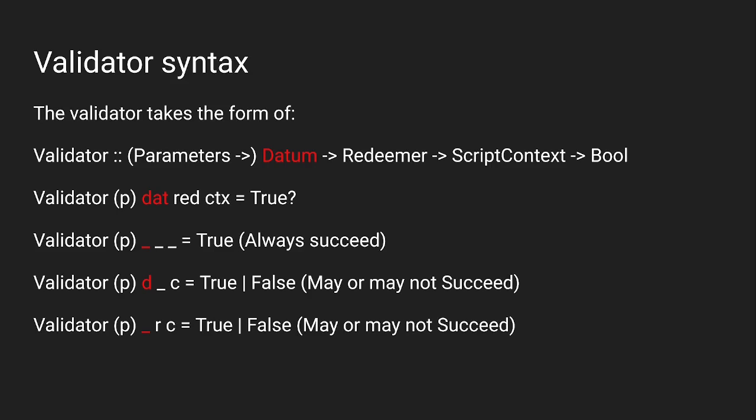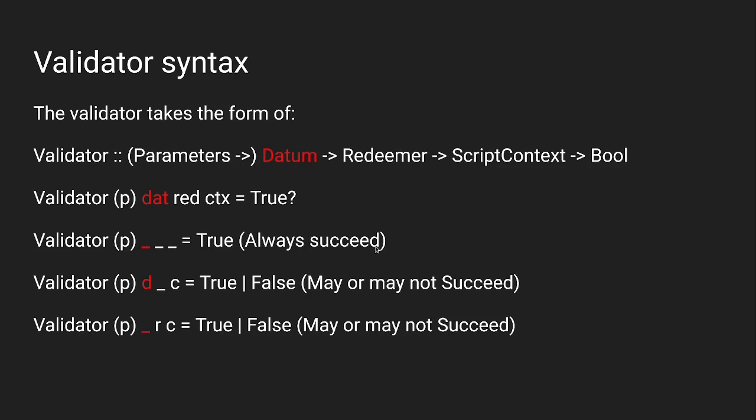And whenever we have the datum, redeemer, and script context checked, in the first example, it could be either a true value, whether we put conditions. If we do not put conditions, which is the case here, we're not checking any of these three elements, then the value will be true, which means it's always going to succeed.